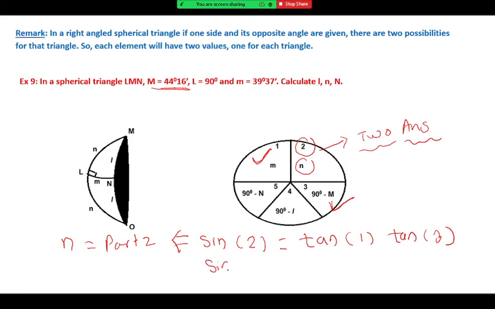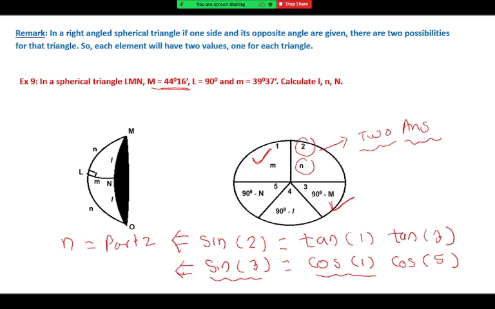That is sine of part 3, which is cos of the opposite parts, cos of 1 and cos of 5. Now out of these, remember sine 3 is known to us, cos 1 is also known to us. Cos 5, actually cos of 90 minus n becomes sin n, and again this gives us two answers.